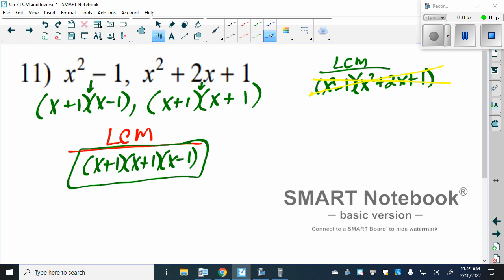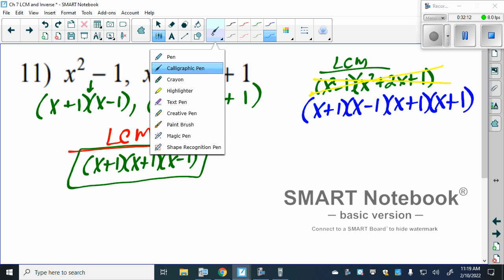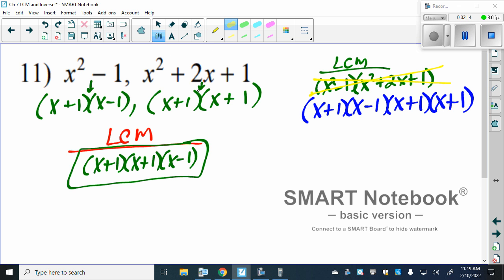Now, if we look back over to the least common multiple where we wanted to grab the first two, we would actually have been saying that this is x plus 1, x minus 1, x plus 1, x plus 1. Wait a minute.